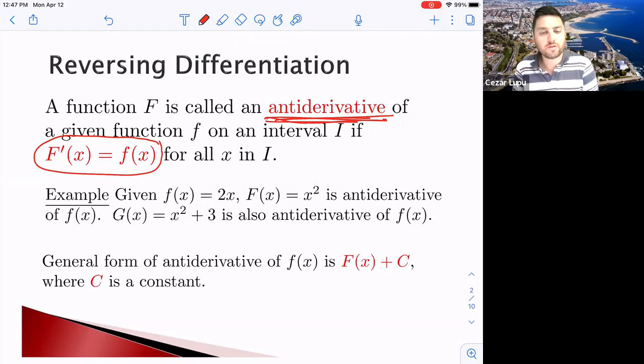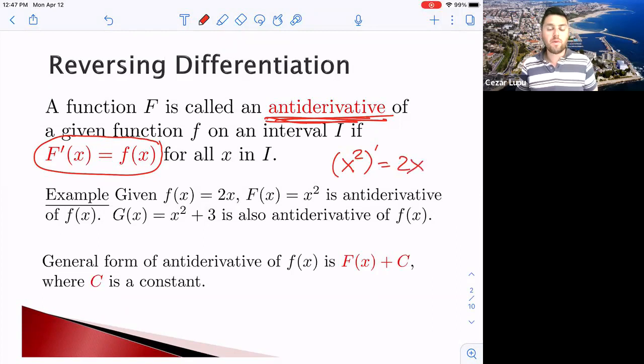And that other function that satisfies this property is nothing else than capital F of x equals x squared, right? Because if you just look at the definition, the derivative of capital F of x, the derivative of x squared, is nothing else than 2x. So you can say x squared prime is 2x.